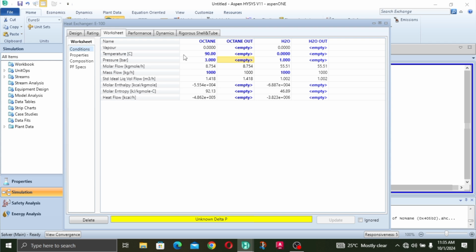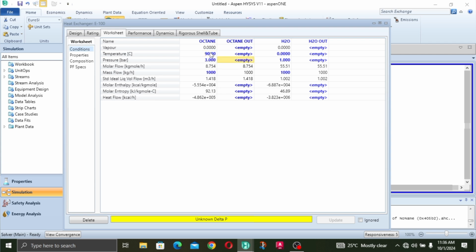And you need to know, before you carry out an operation in a heat exchanger, which stream is giving out energy and which stream is receiving energy. Certainly the hotter stream gives out heat energy, and the colder stream receives heat energy. So now let's input the change in pressure first of all.